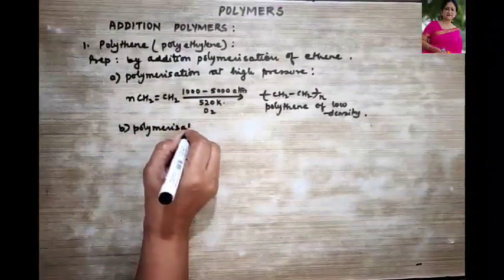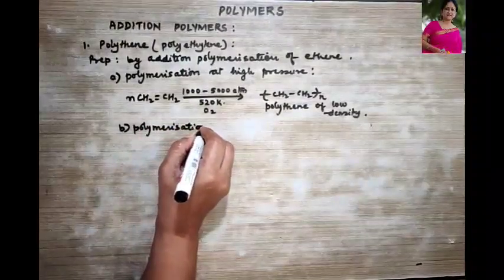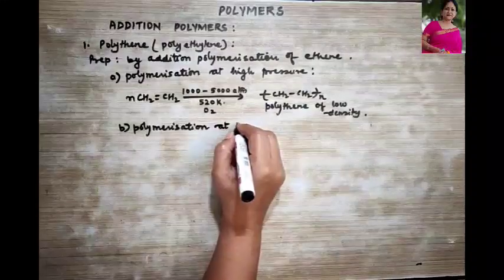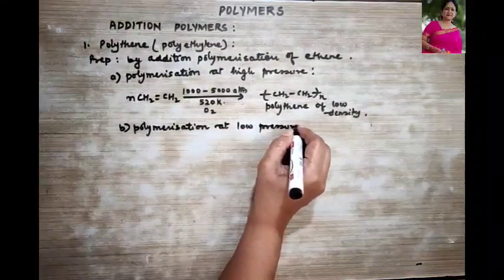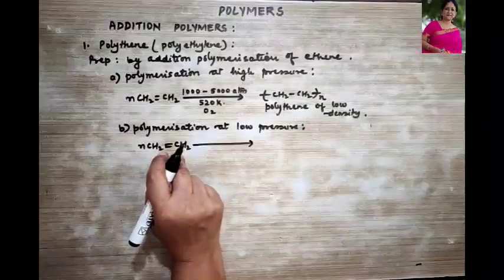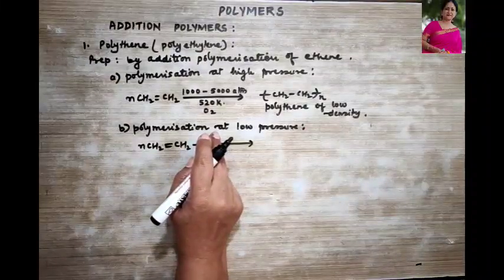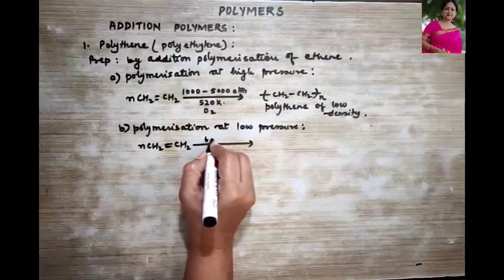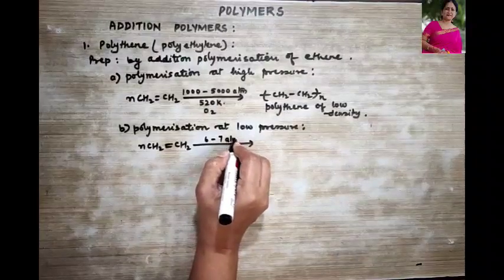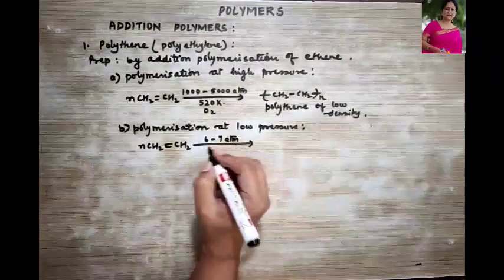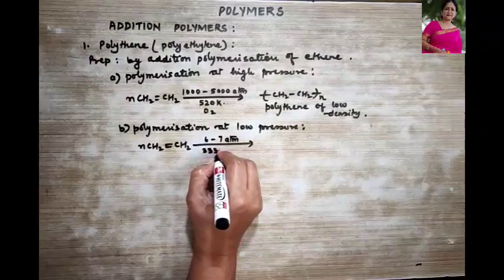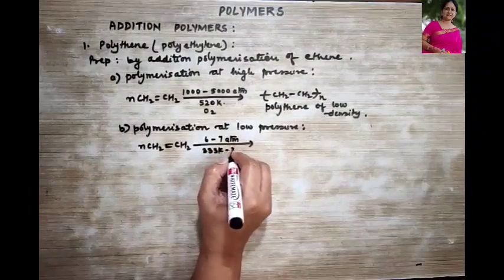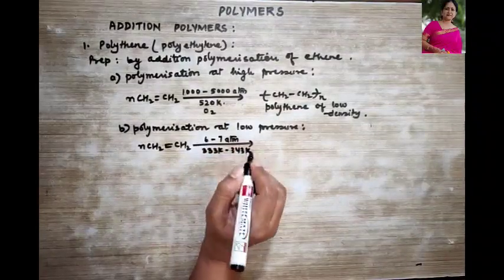And the second one is polymerization at low pressure. So when this ethene is polymerized at 6 to 7 atmosphere, what is the temperature? 333 Kelvin to 343 Kelvin.